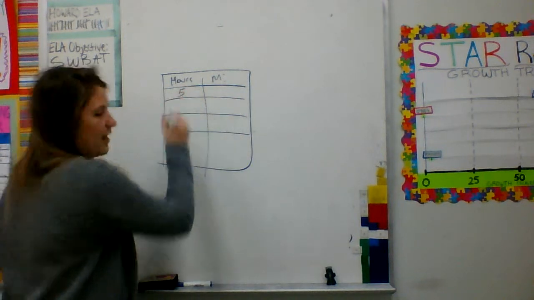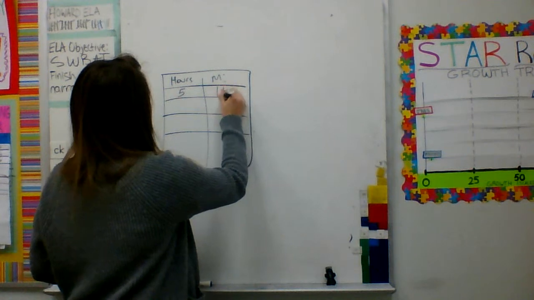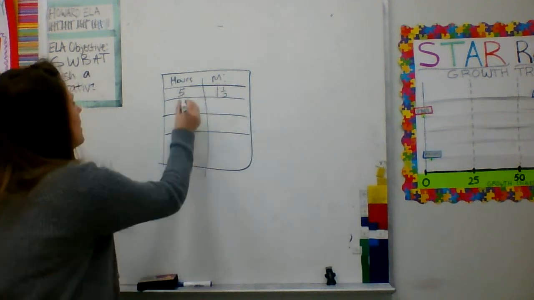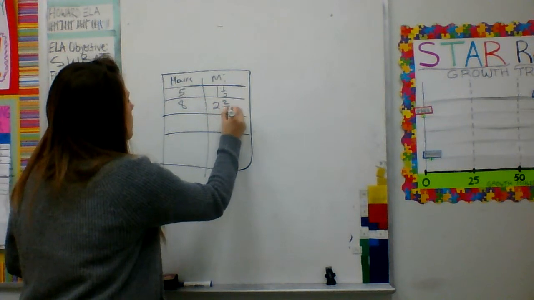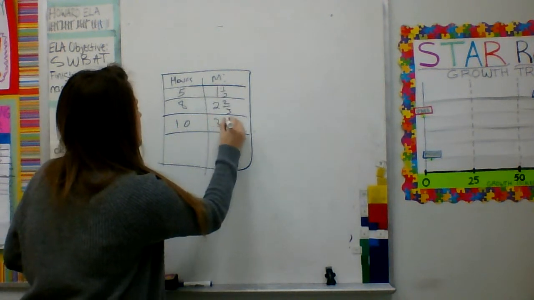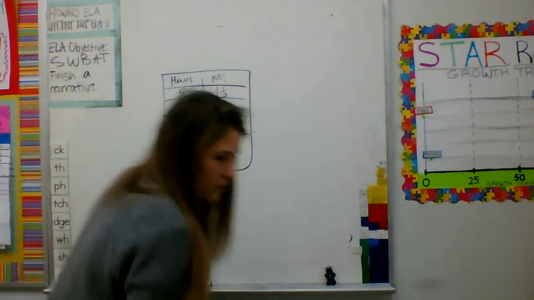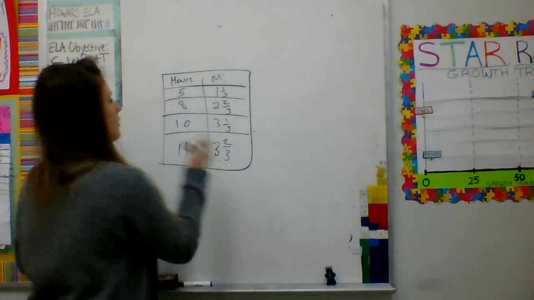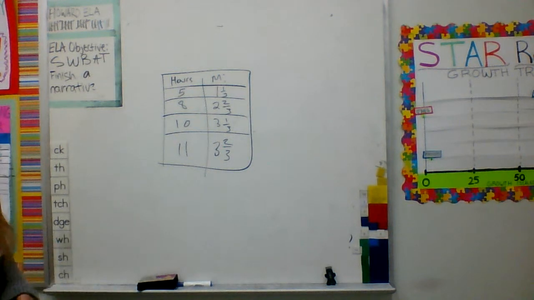In 5 hours, it says that he walked 1 1/3 mile. In 8 hours, he walked 2 2/3 miles. In 10 hours, 3 1/3. And in 11 hours, 3 2/3. Now I want to know how many miles per hour.